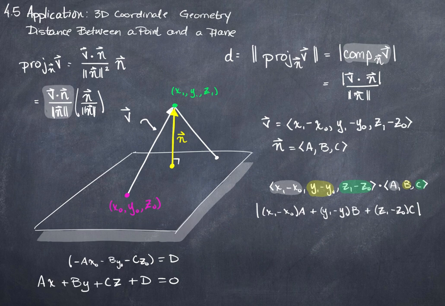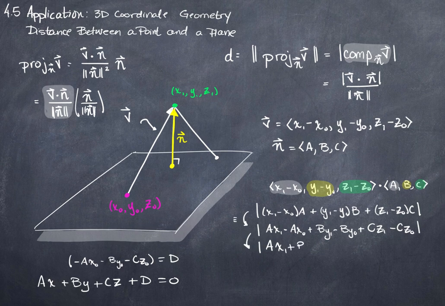But I also have another way of writing this. This is equivalent to AX1 minus AX naught plus BY1 minus BY naught plus CZ1 minus CZ naught. You may recall from our work on the equation of a plane that we decided to call negative AX naught minus BY naught minus CZ naught, we decided to call that D. I'm going to rewrite this again.